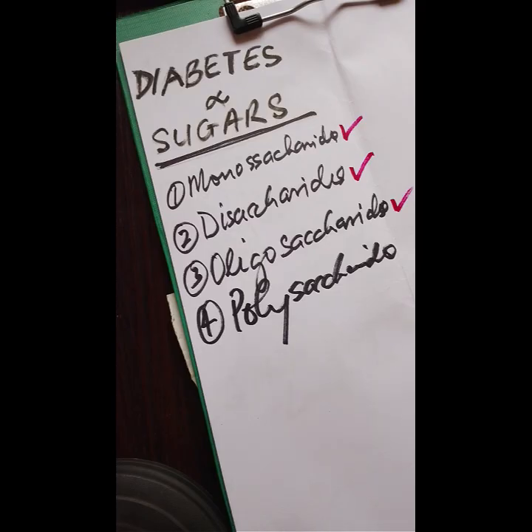We have lactose, which is glucose and galactose. Then we have maltose, which is glucose and glucose. And then we have the oligosaccharides and the polysaccharides.